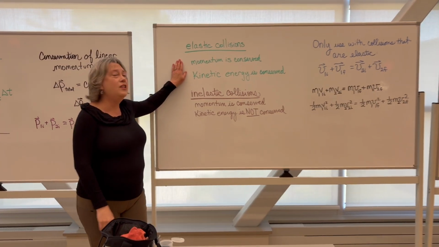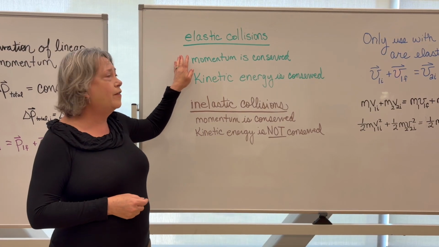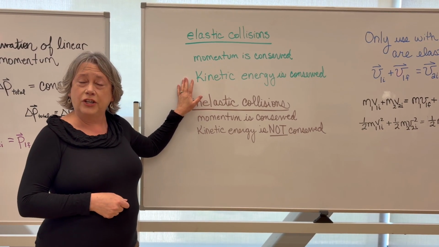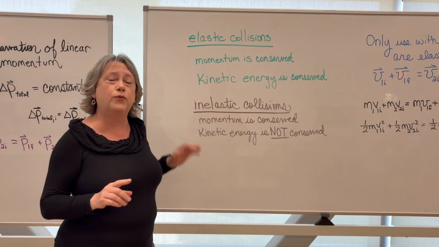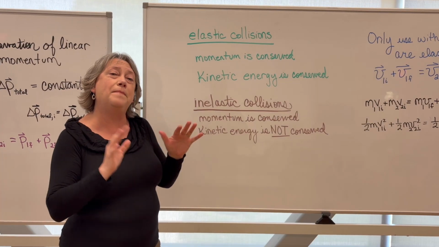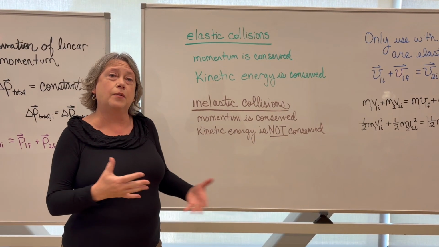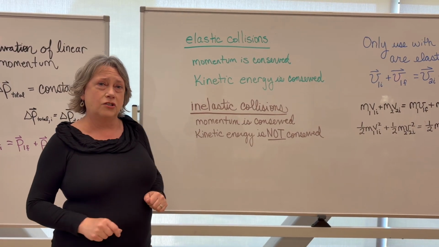In a collision that is elastic, we have two things conserved. We have momentum conserved. We also have kinetic energy conserved. This is different than the energy conservation that we had before. Before we talked about mechanical energy being conserved, and so that would be our kinetic plus potential. This is just kinetic energy being conserved.